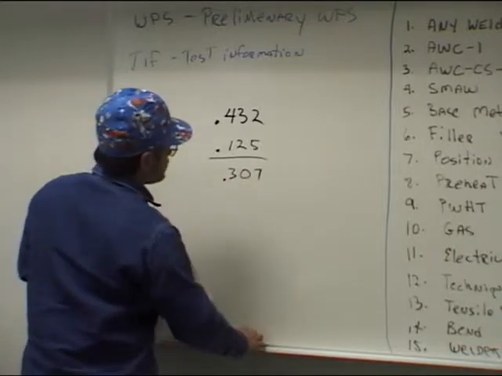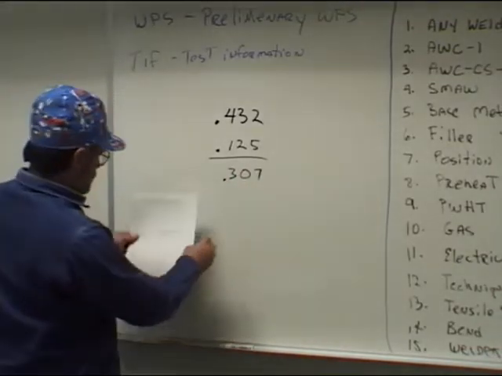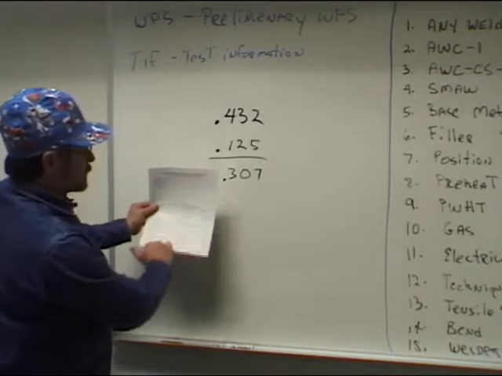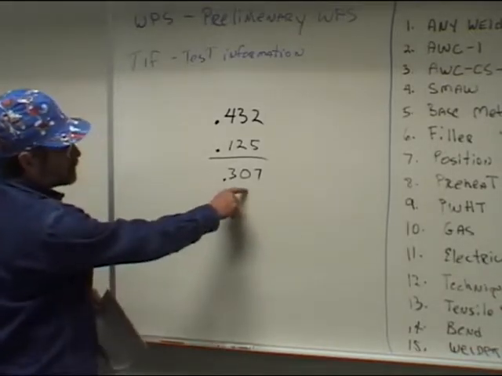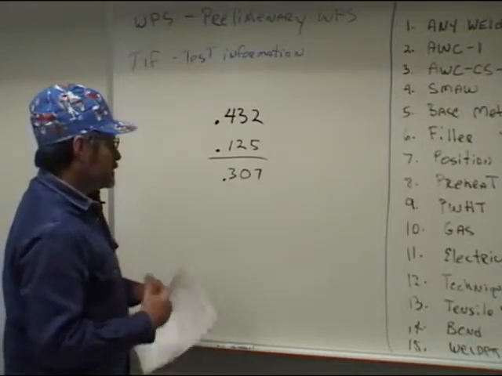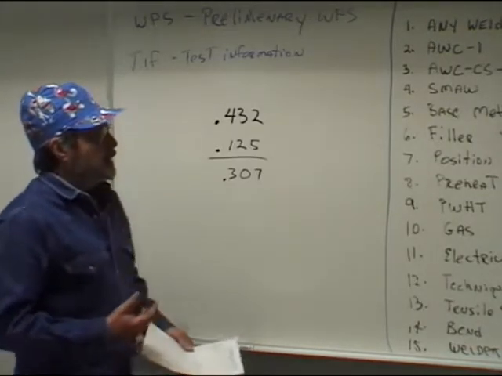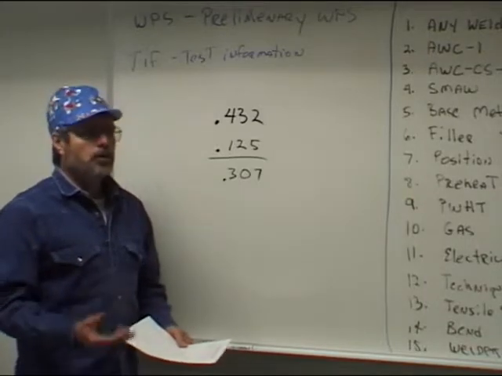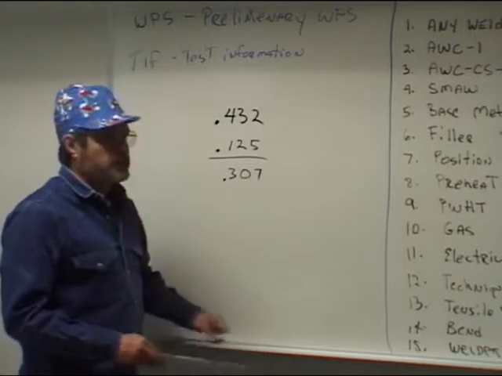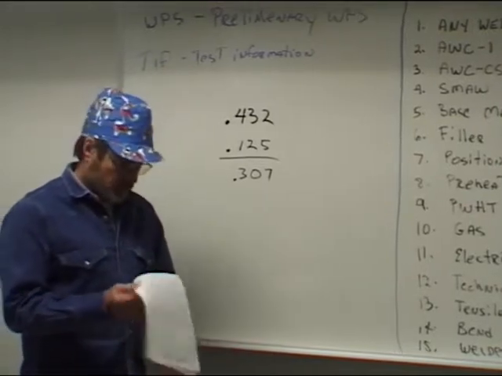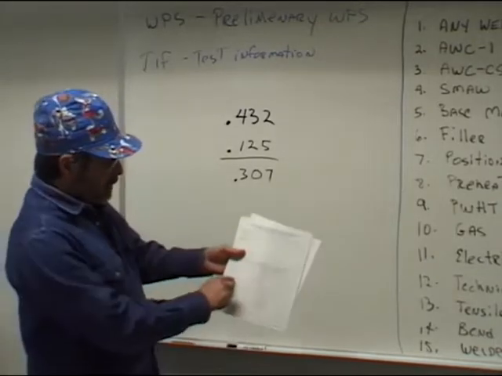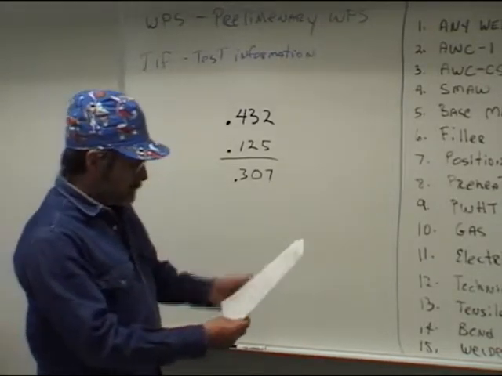So the remaining passes, your 7018, you would write in 0.307 over in the column under the 7018, because that's how much 7018 metal you deposited. That's if you break it up. Sometimes you break them up, sometimes you don't. It depends on how thorough you want to be and also on what the company wants. But if you have any specific questions about that, again, refer to the paragraph in ASME Section 9, QW-404, so it'll give you that detail.